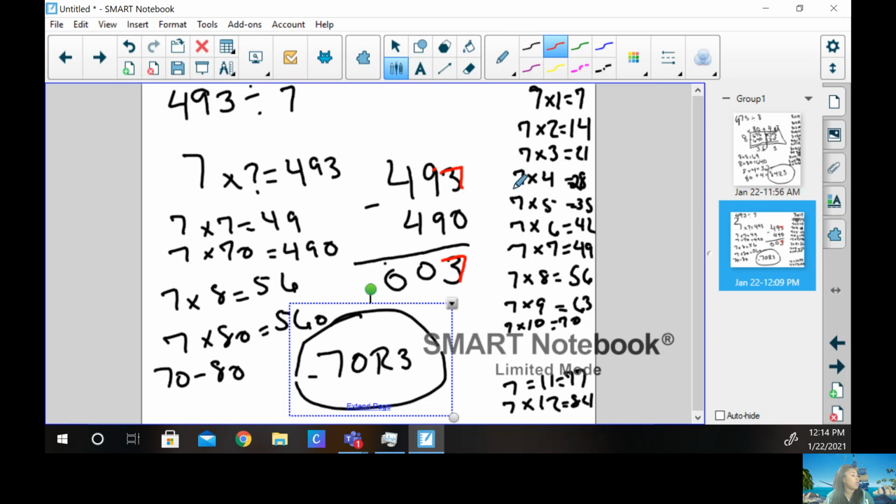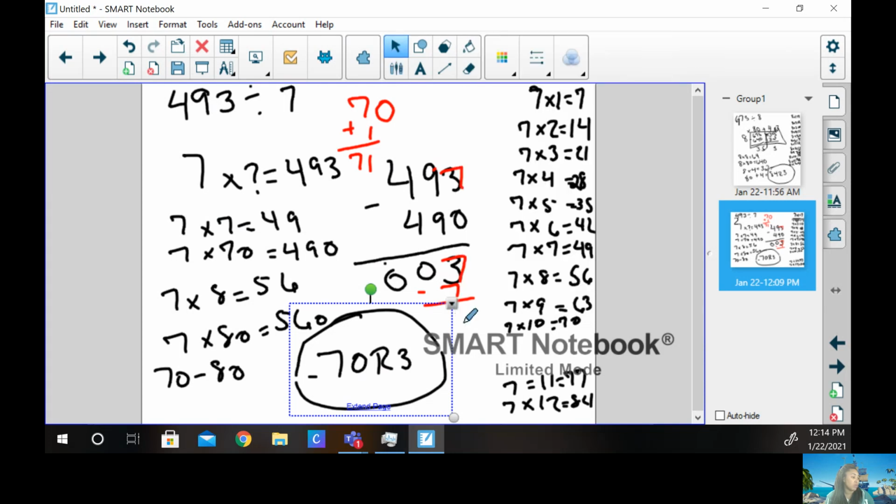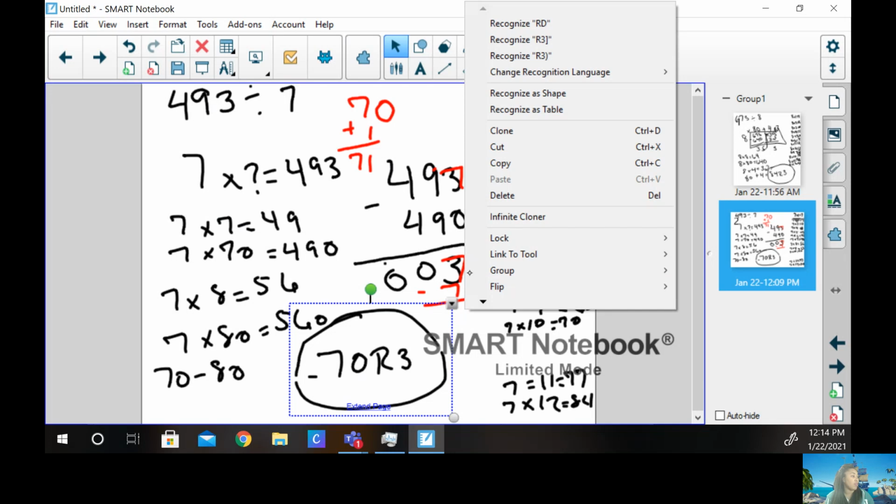Well, I know that 1 times 7 is 7. So I would take my 70 plus my 1, and my answer would then be 71. And I would subtract 7 here and get 0. And I would have no remainder.